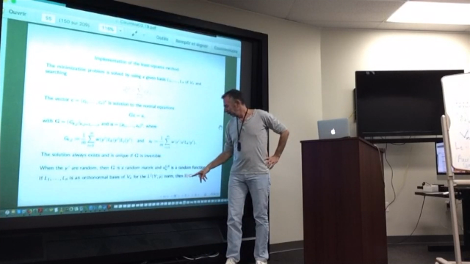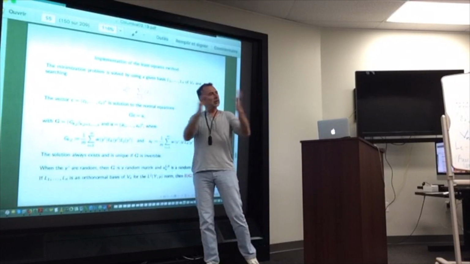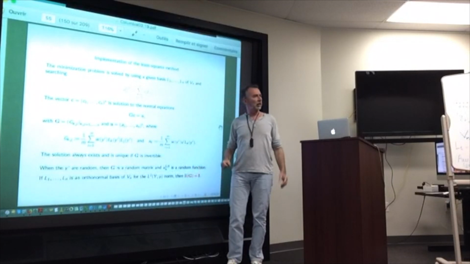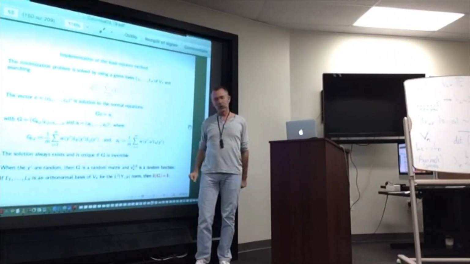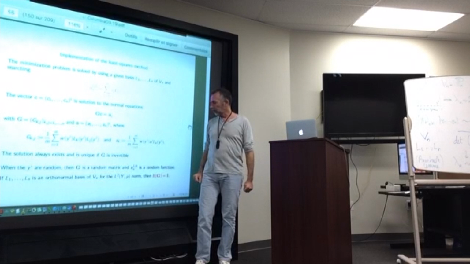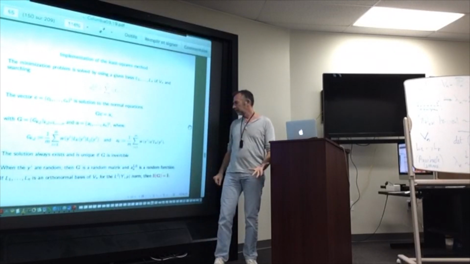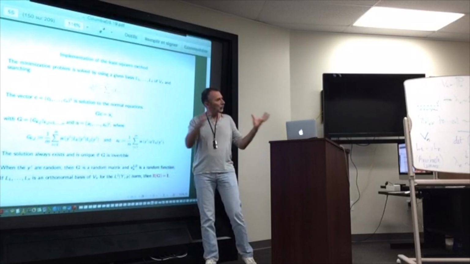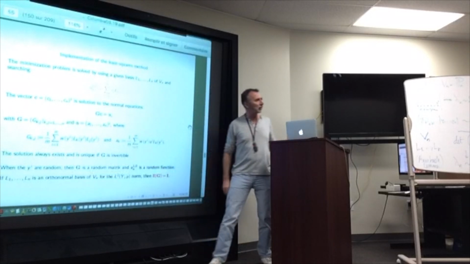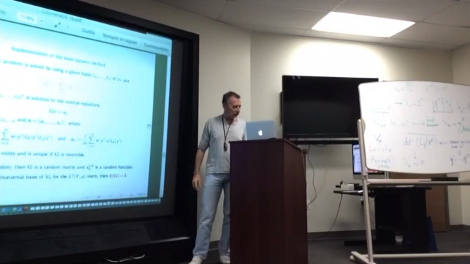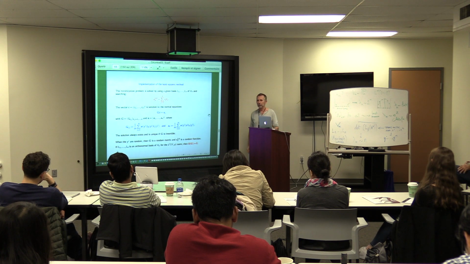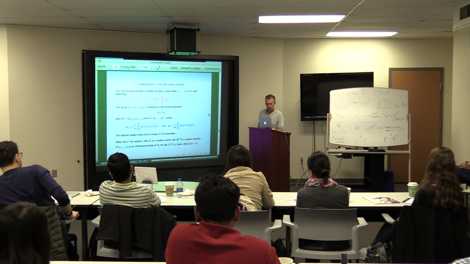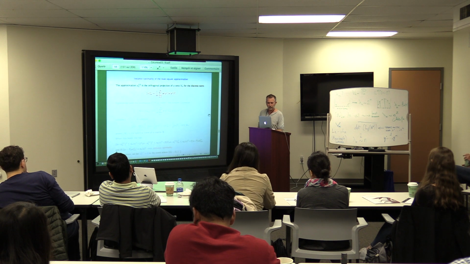So it means that this random matrix concentrates around the identity. Okay? So that means that it's likely to be invertible. There could be some probability that it's not invertible or that it's very badly conditioned, and this is what we are going to look at next.